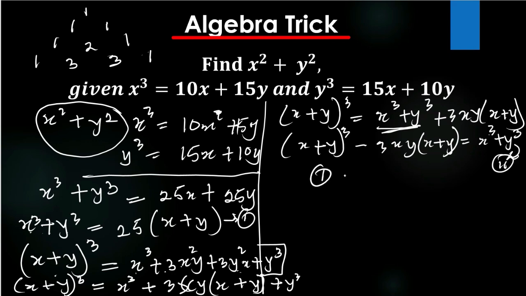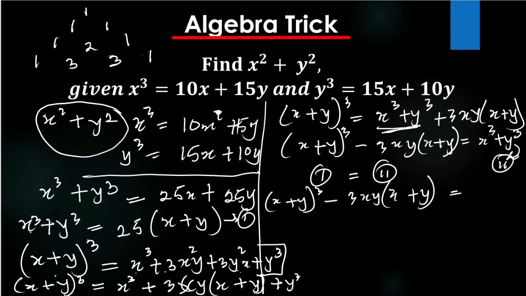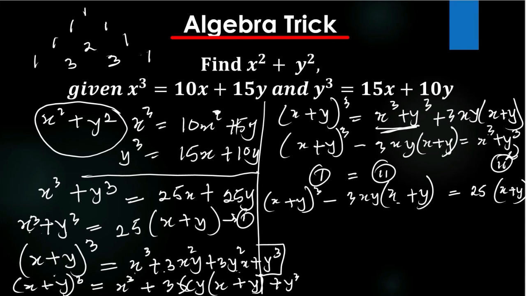So I can easily equate equation 1 to equation 2. So that x plus y raised to power 3 minus 3xy into x plus y will now be equal to 25 into x plus y. Now, uniquely, you see that one factor is common in here. x plus y is common all through.